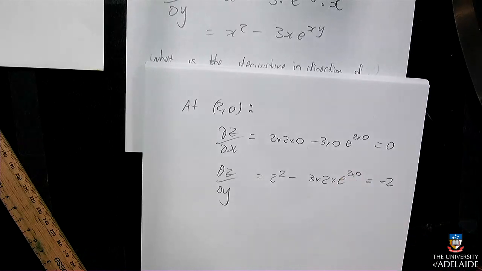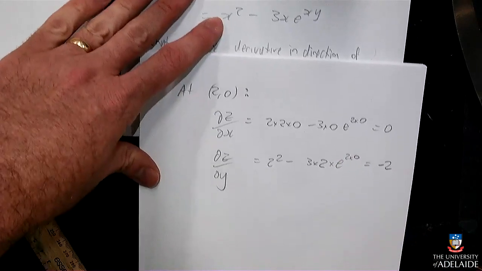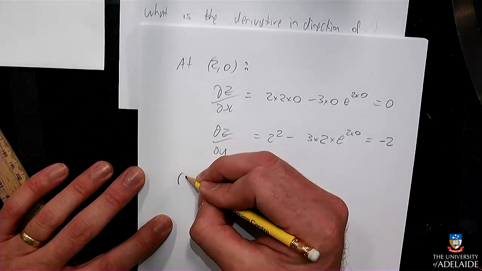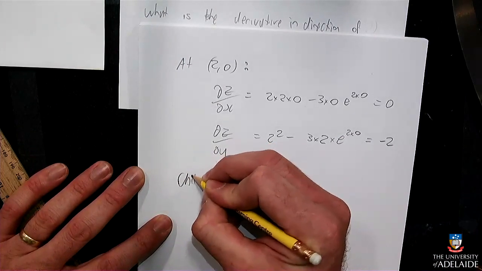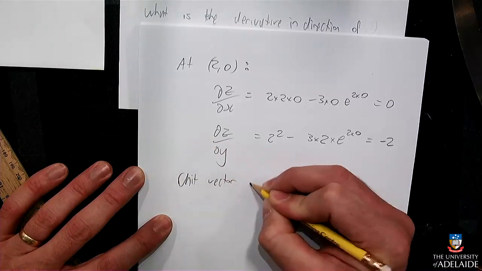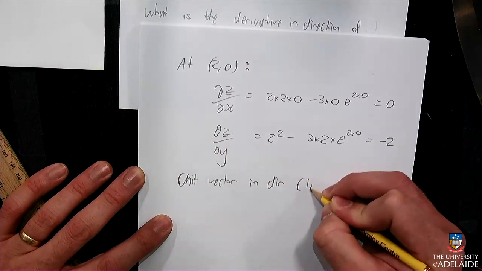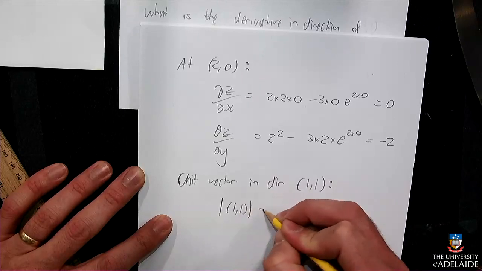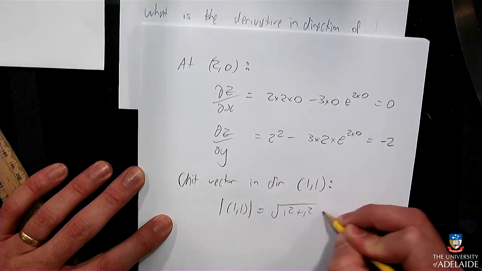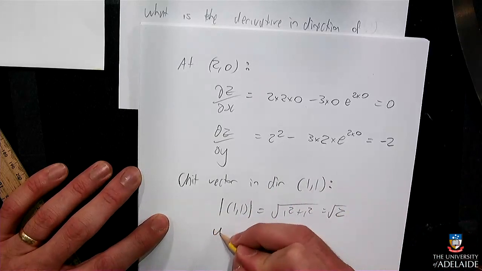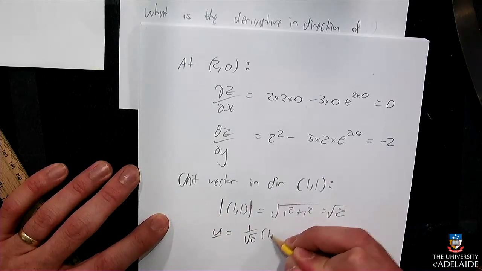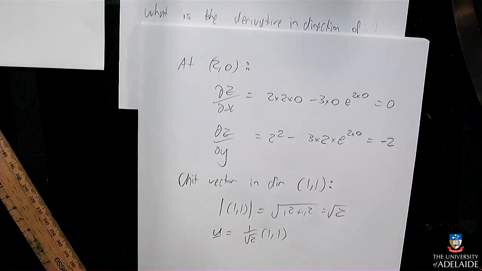Okay. Cool. And I need a unit vector in the direction of 1, 1. So the length of 1, 1 is the square root of 1 squared plus 1 squared, which is root 2. So my unit vector in that direction is 1 on root 2 times 1, 1.